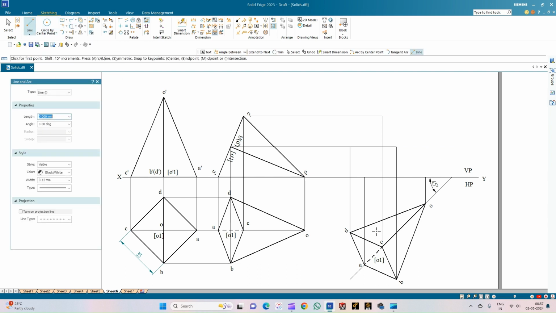And we can also draw the projection line from the point O1 to intersect the projection from O1 in the vertical plane. So now let us complete the front view by selecting the line of thickness 0.50 mm.